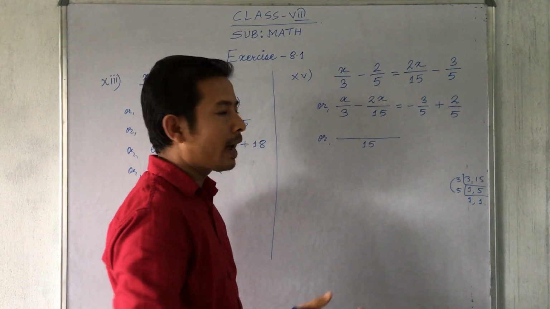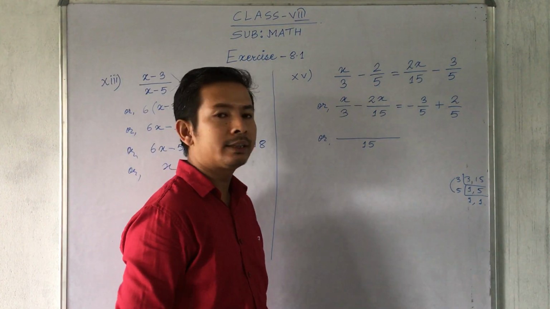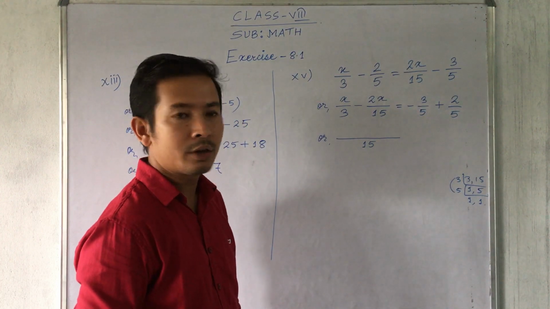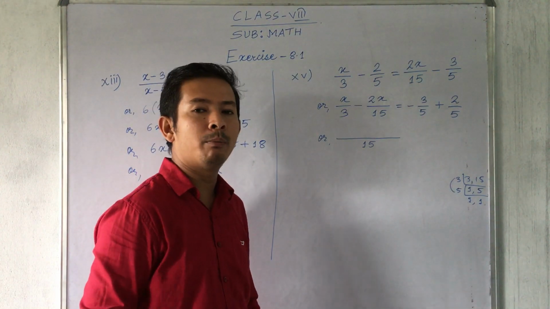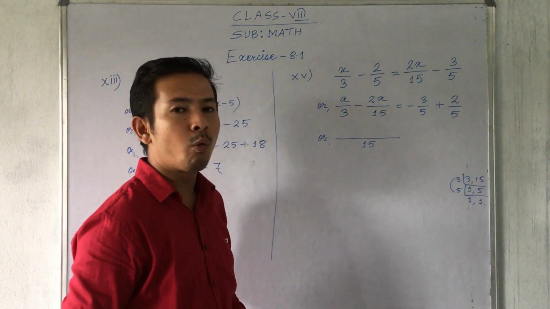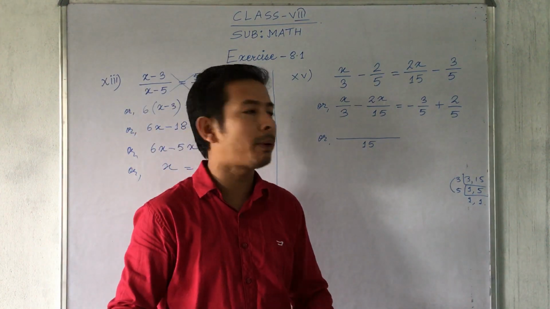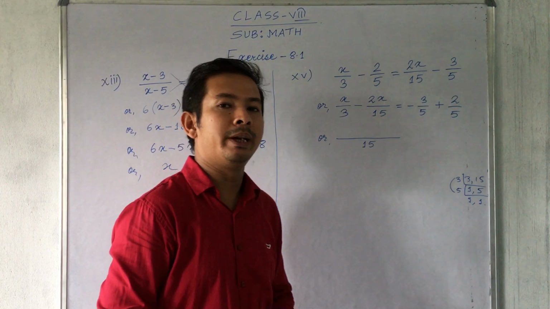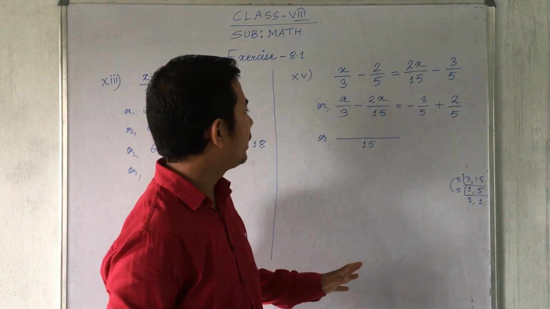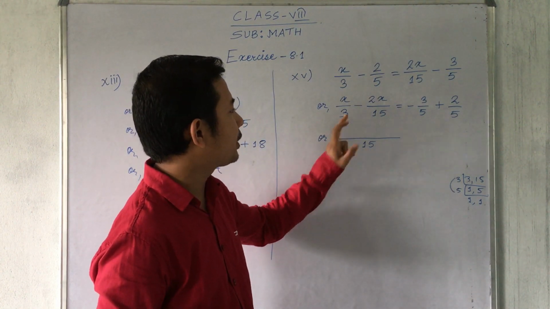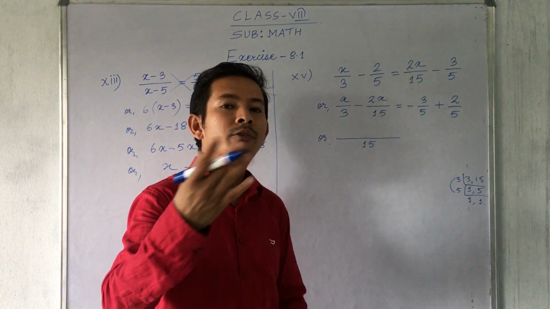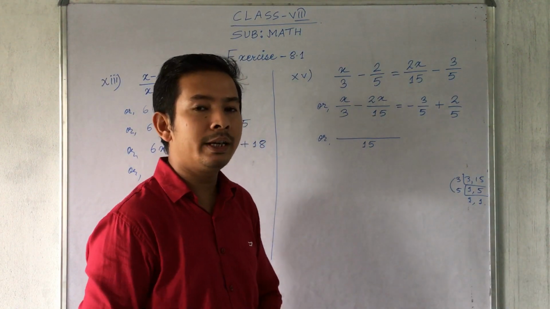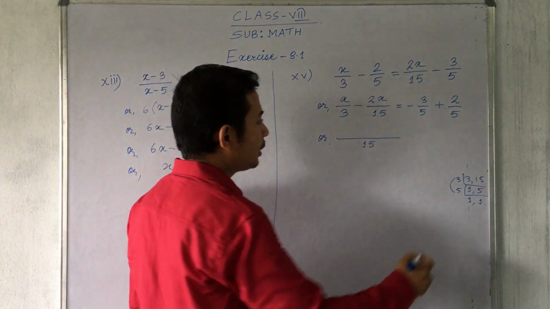After that, as you know, we have to divide this LCM number by the denominator. Whatever we get, we have to multiply with the numerator of the same denominator. Understood? So now look here. I am going to divide 15 by 3. How many times? 5 times, because 5 times 3 is 15.